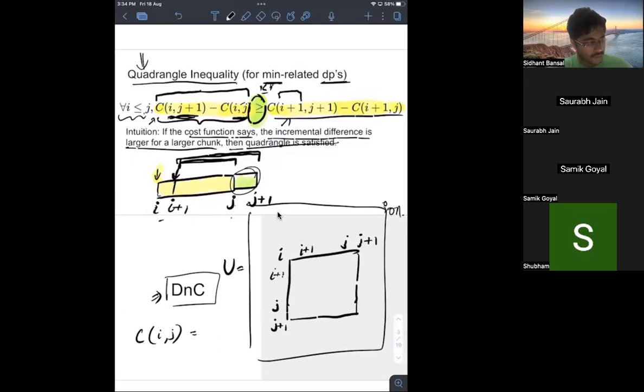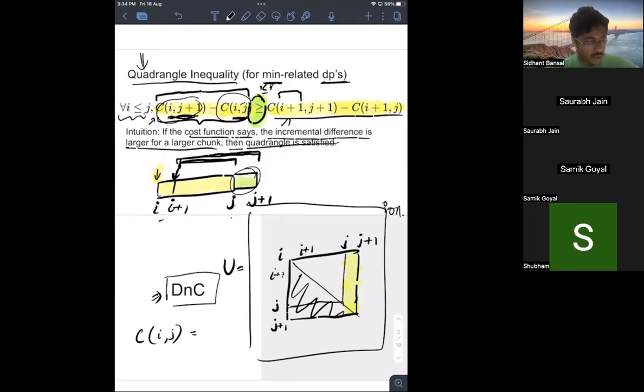Notice what your cost from i to j plus 1 minus cost of i to j is. Cost of i to j plus 1 is this entire submatrix, and cost of i to j is this thing. So the additional portion is like this. I'm excluding everything below this because we don't count this portion. We are only caring about the upper right side.